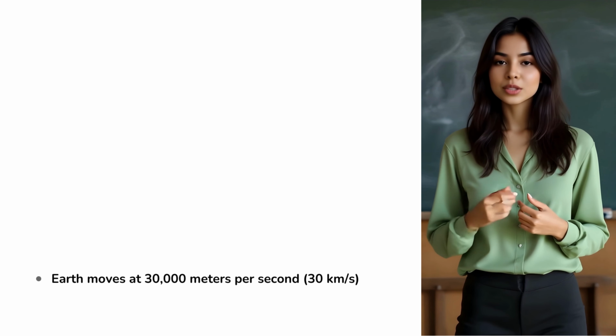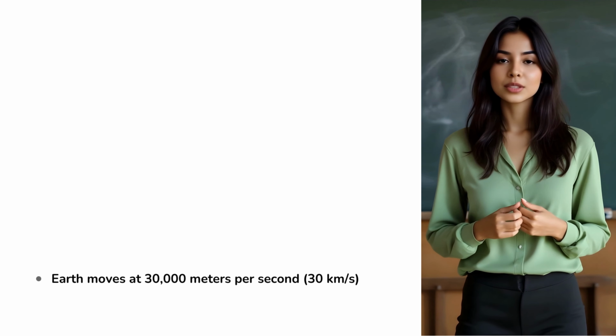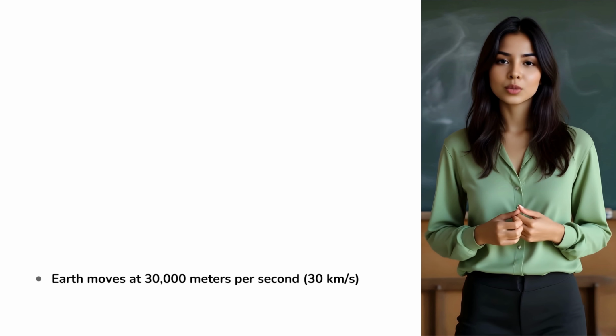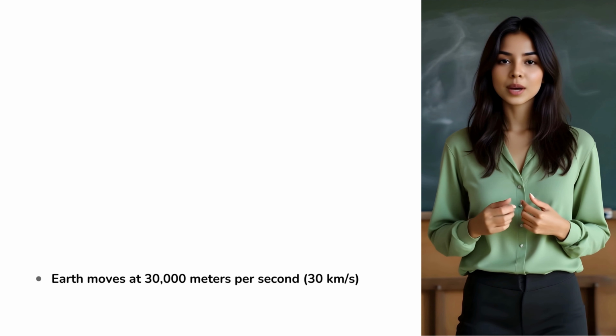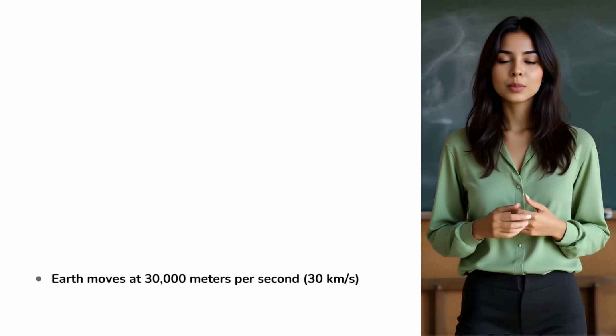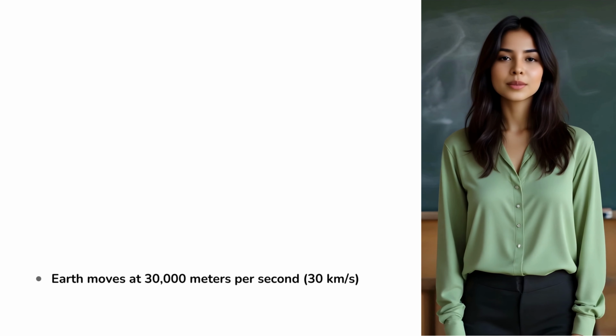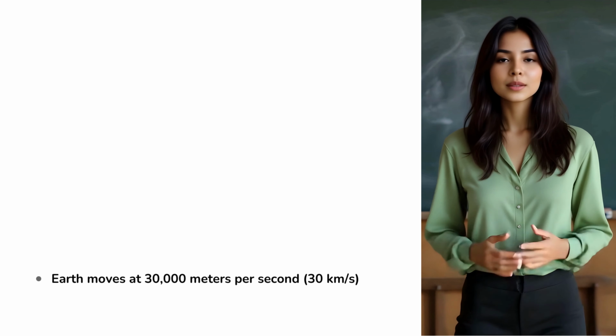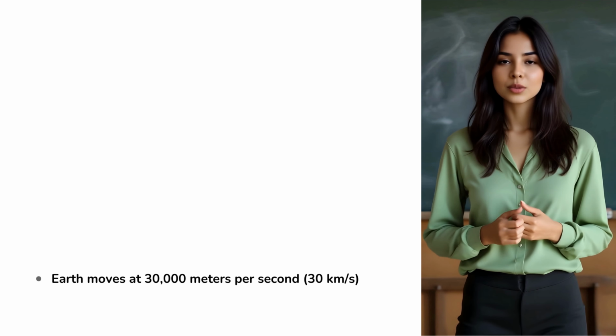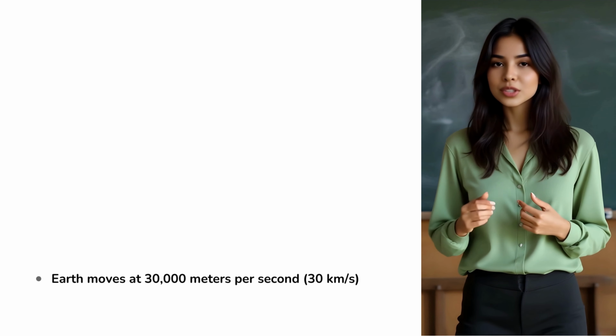Now plug those values into our speed formula. Speed equals 9.42 × 10^11 divided by 3.15 × 10^7. Doing the division gives us 3.0 × 10^4 meters per second.